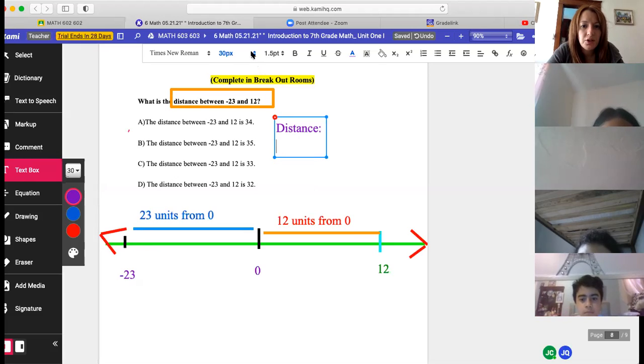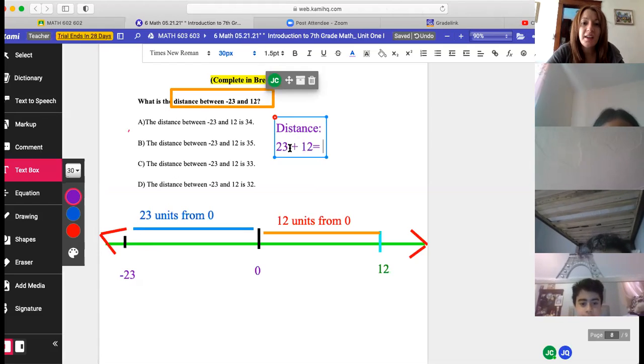Shaylin said adding. Good. What are we adding? What two numbers do we add? What is on the number line that you just said in blue and red? She said 23 and 12.